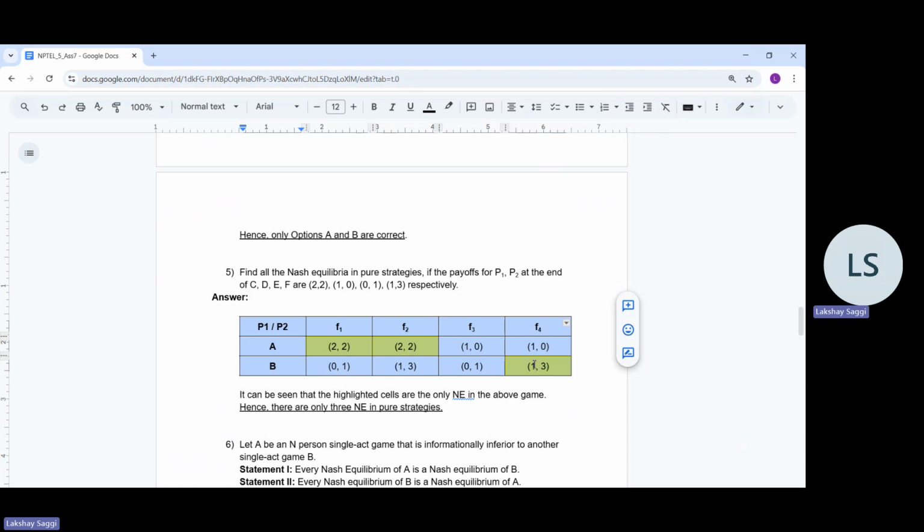Note that for finding all possible Nash equilibria, you'll always have to convert the extensive form game into the normal form, because normal form gives us precise information about Nash equilibria and everything.